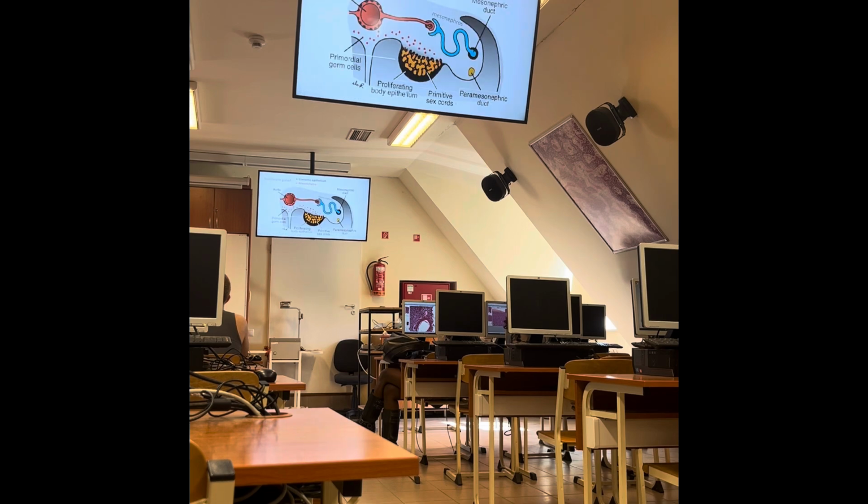If we look at this next image, it shows when the primordial germ cells arrive at the gonad primordium through the mesentery, and they enter the indifferent gonad.